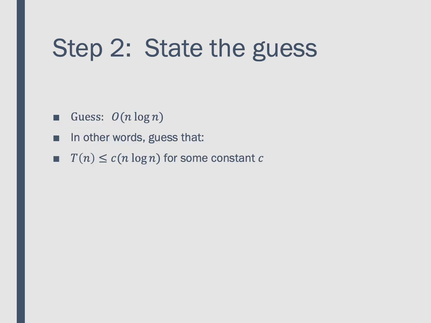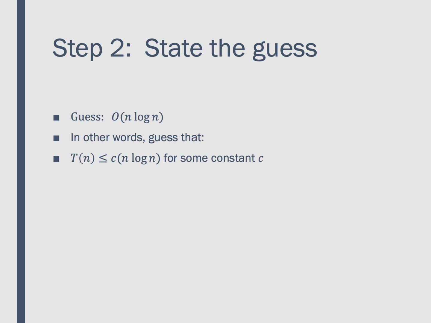Now on step 2, we'll state the guess. Now that we have analyzed the recurrence and observed a pattern, let's formally state our guess for the asymptotic bound of Tn. The guess is, we have the hypothesis that Tn equal to big O of n log n.